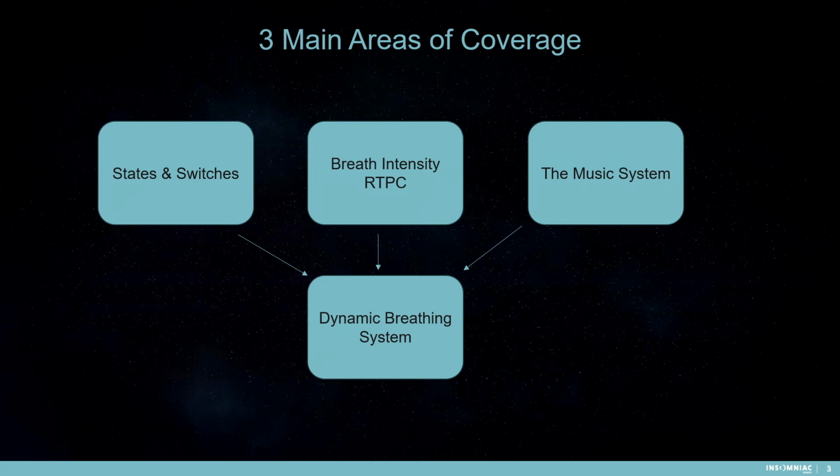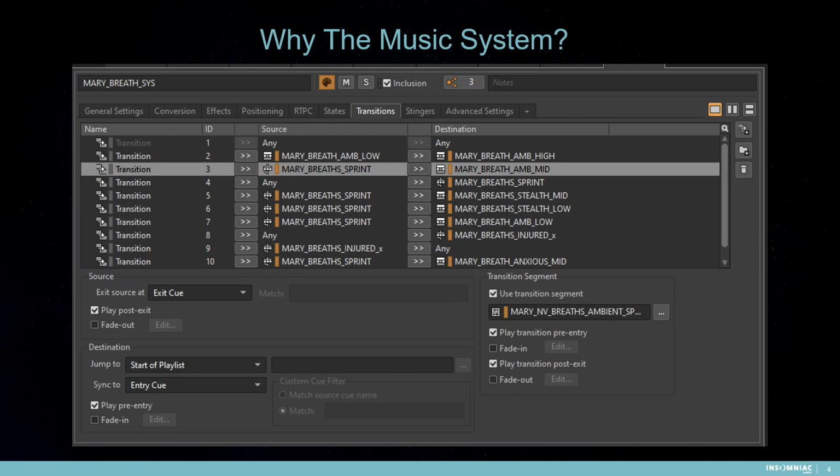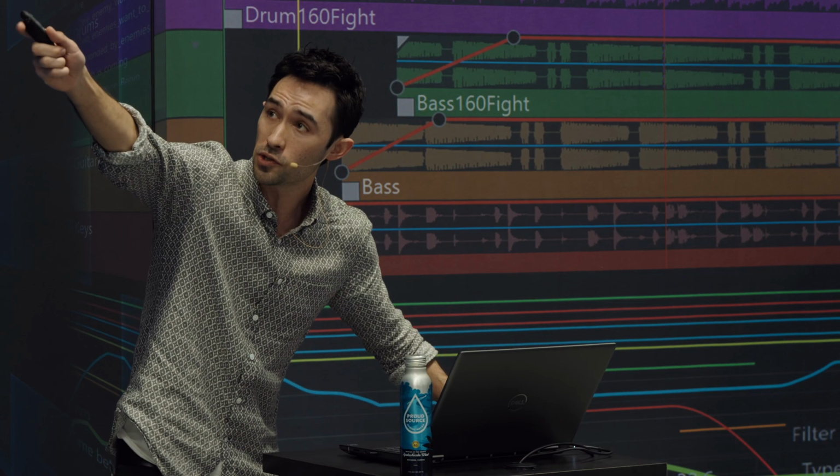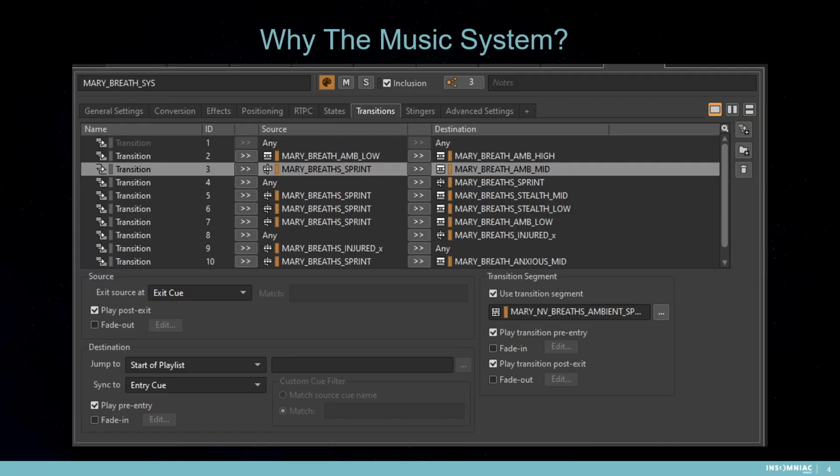So let's talk about the music system first. It was really great for us because it allowed us to create the rules and the transitions we needed to make this system fantastic. The source is your source breaths, what's happening right now in the moment. Say you're using the controller to sprint; that is what you are currently doing.